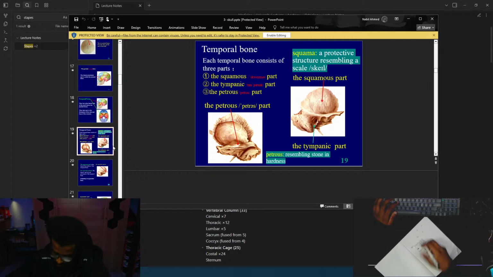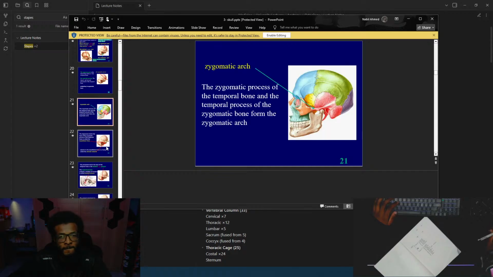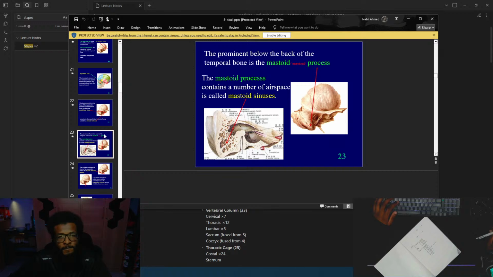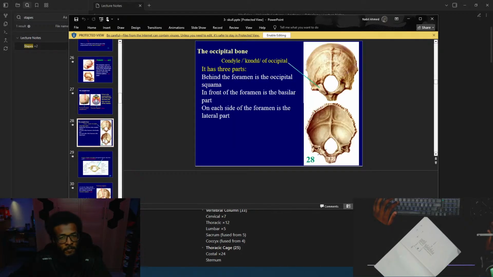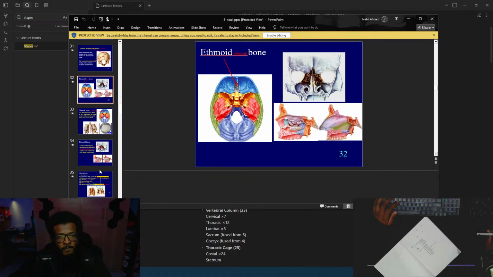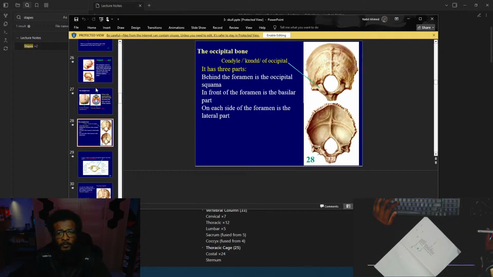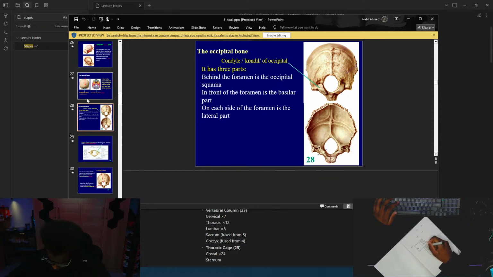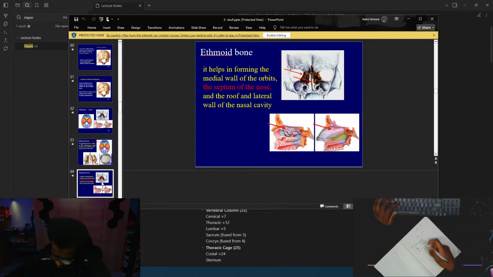Okay. Temporal as well. Occipital, I guess, as well. Ethmoid, definitely.